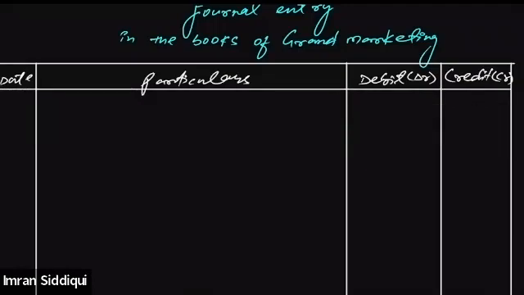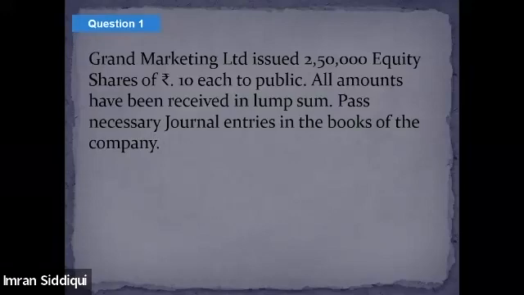So see, when shares are issued to public, the first thing that will happen is the public is going to apply for the shares. When 250,000 shares are issued to public, the public is going to apply for these shares, right?